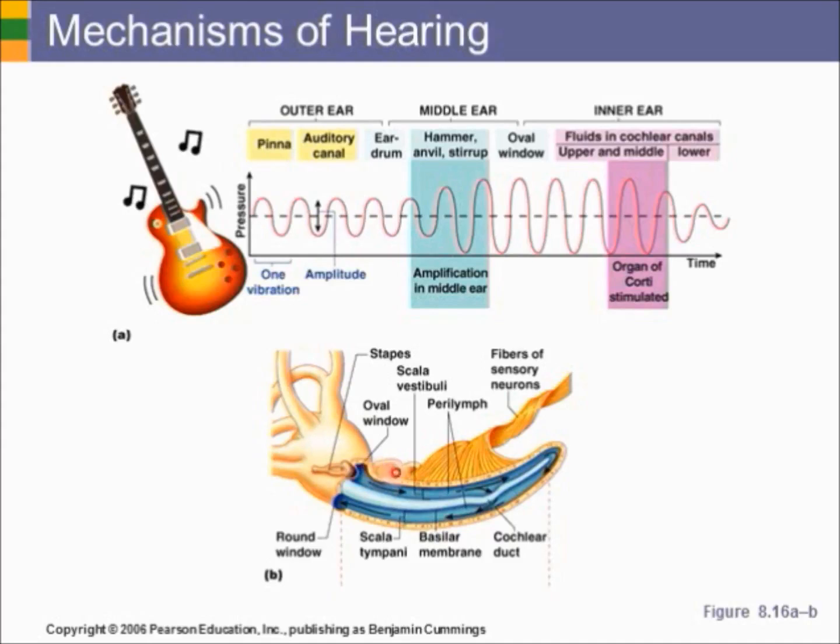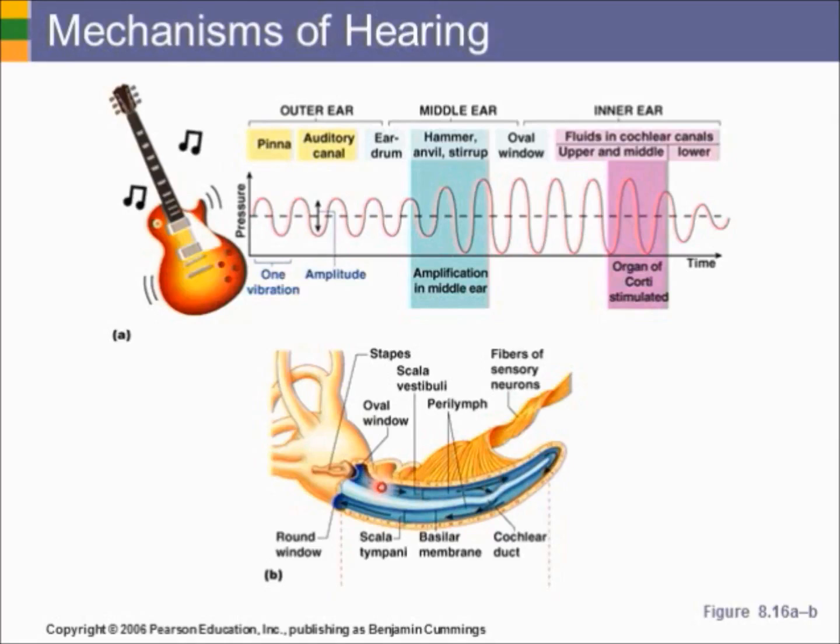If you were to unwind the cochlea to where it's all stretched out like this, kind of like it is in alligators and other reptiles, then here's your stirrup pressing against the oval window, and as it's pushing here, it's pressing against this fluid, the perilymph, as it goes down.